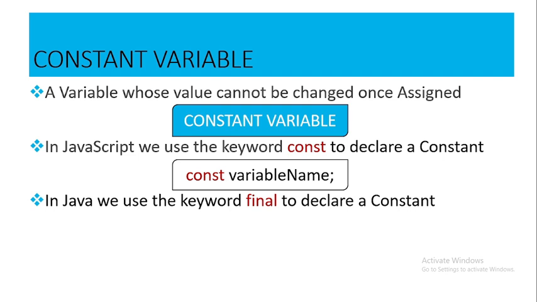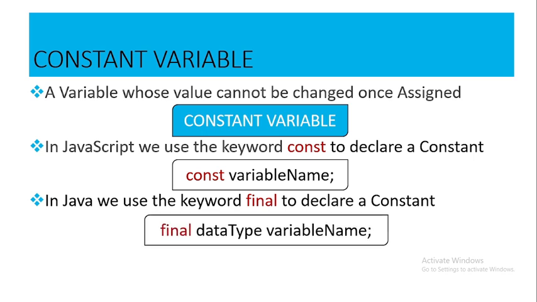In Java, we use the keyword final to declare a constant variable. So we have final, then the data type comes, then the name we want to give to that particular variable. So this is how we declare constant variable in JavaScript and Java programming language.